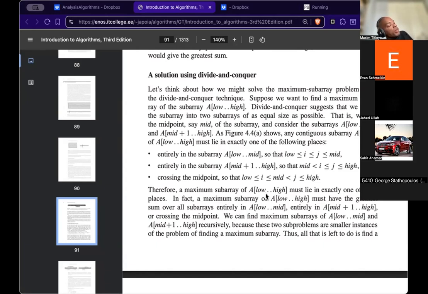Okay, so we try to split up the major problem into subproblems, and then we also try to merge those solutions back together.